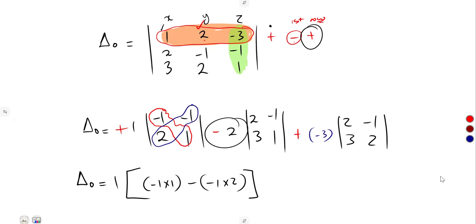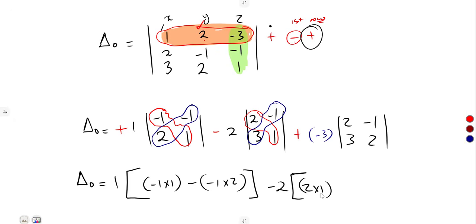Move on to the next one, negative 2. The determinant corresponds here: 2 versus 1, negative 1 versus 3. So that's 2 times 1 minus negative 1 times 3. So this is it.